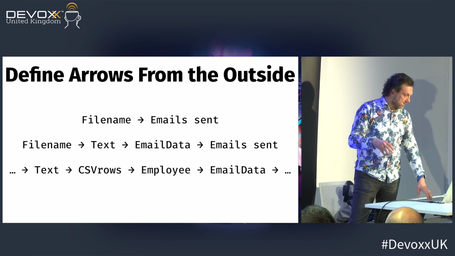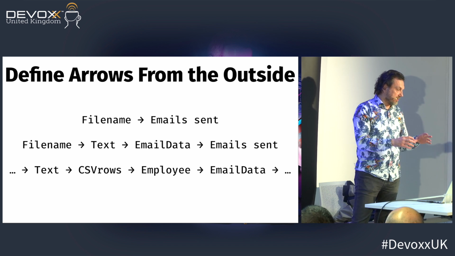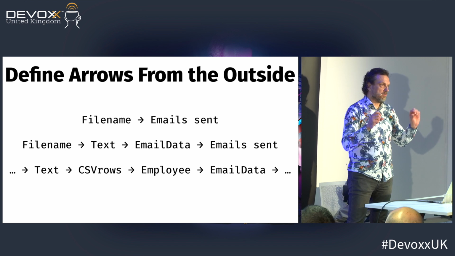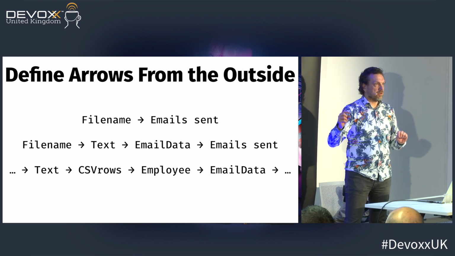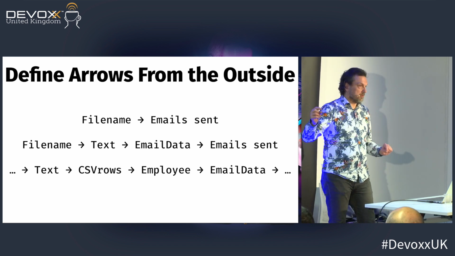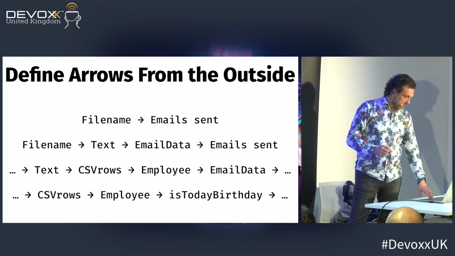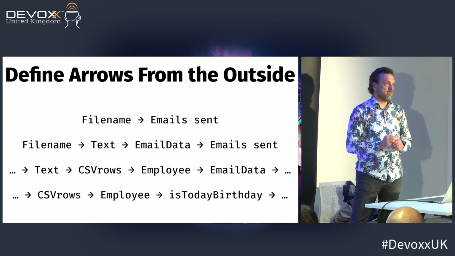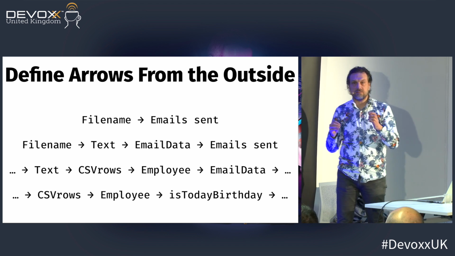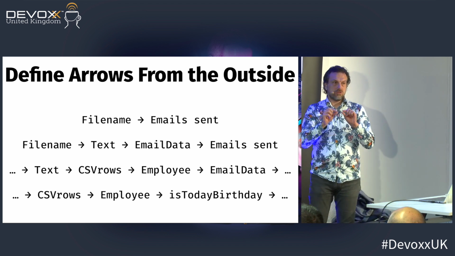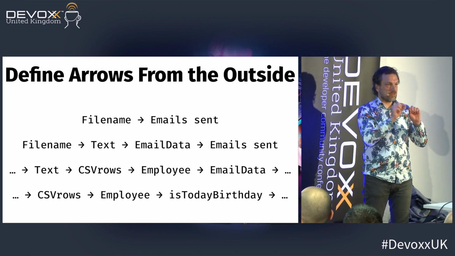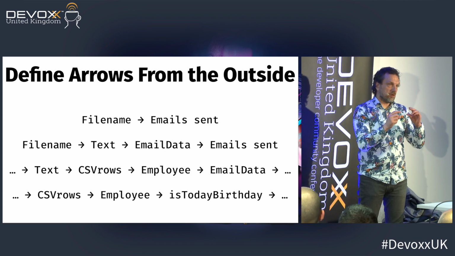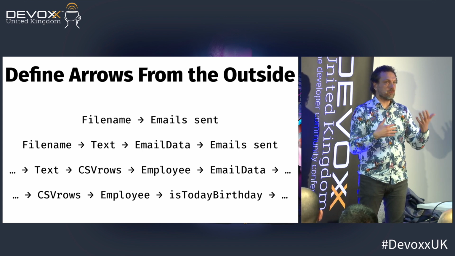But if we dig even deeper, we can see that the text is made of rows with comma separated values. From a row, you can get an employee. From the employee, you can get the email data. And so you can describe more exactly what you want to do. The point is that the smaller the morphisms you define, transforming one thing into another, the smaller your functions will be, and the easier it will be to combine them.